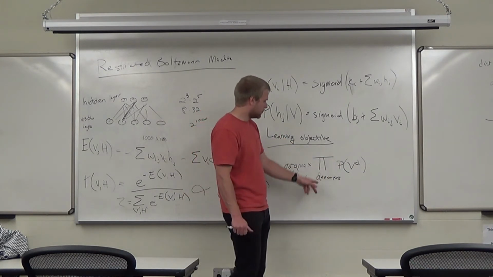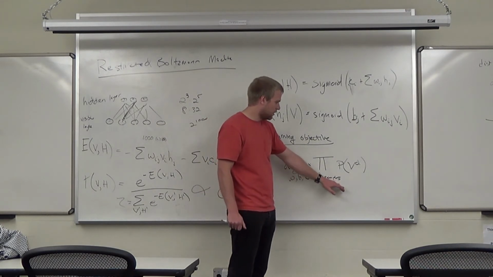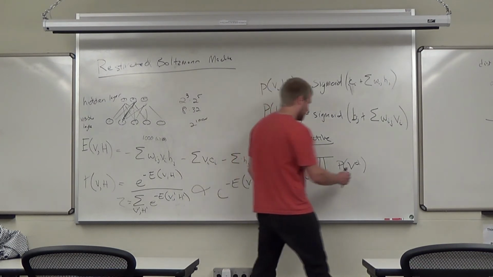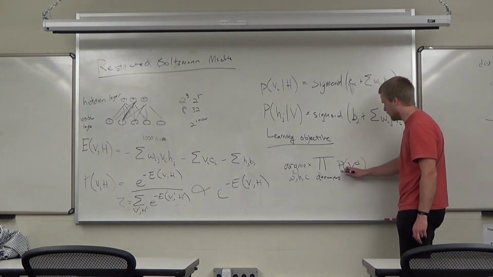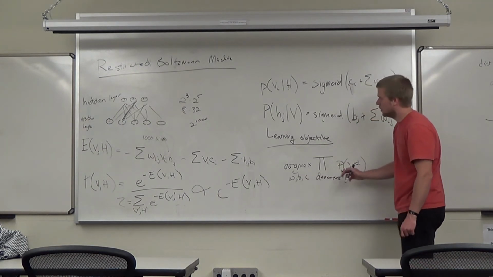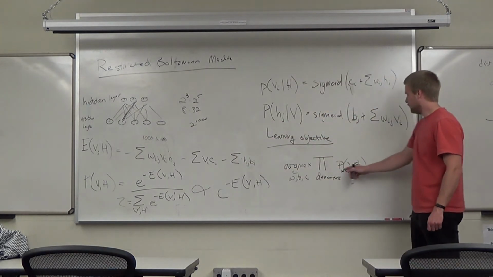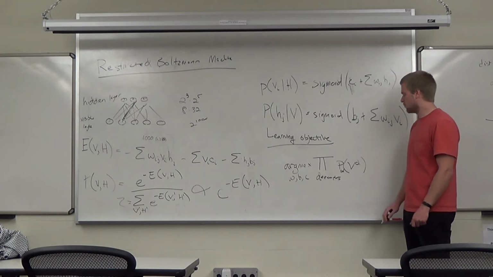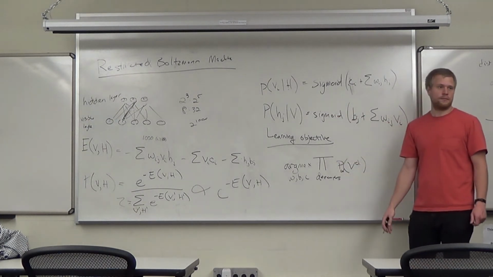parameters. So what this is, we're taking the probability over the whole data set, where this probability is defined by the parameters W, B, C. So basically what this is doing is maximizing the probability that the model will generate the data that we saw.